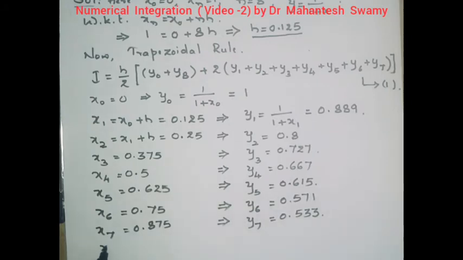And at the end it is x8. Of course, x7 plus h, 0.875 plus 0.125, gives us 1. So y8 equals 1 divided by 1 plus x8. It is 1 divided by 2, that is going to be 0.5.